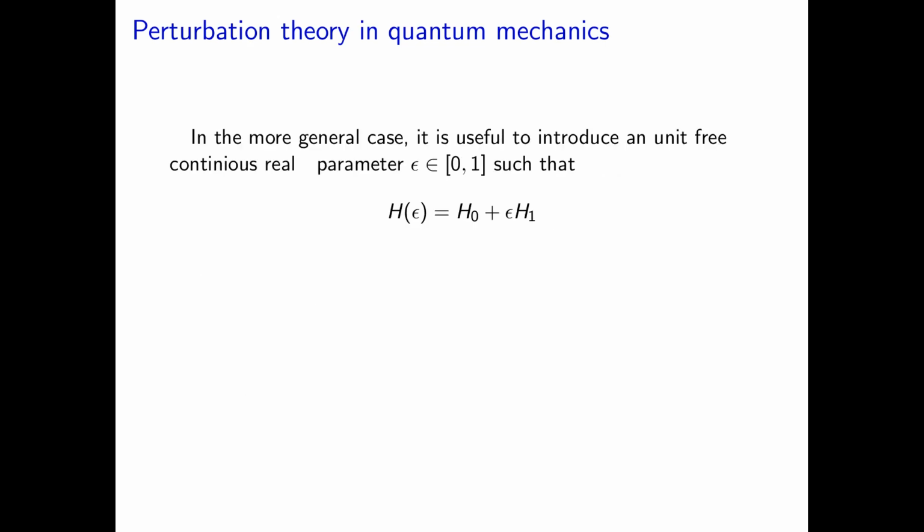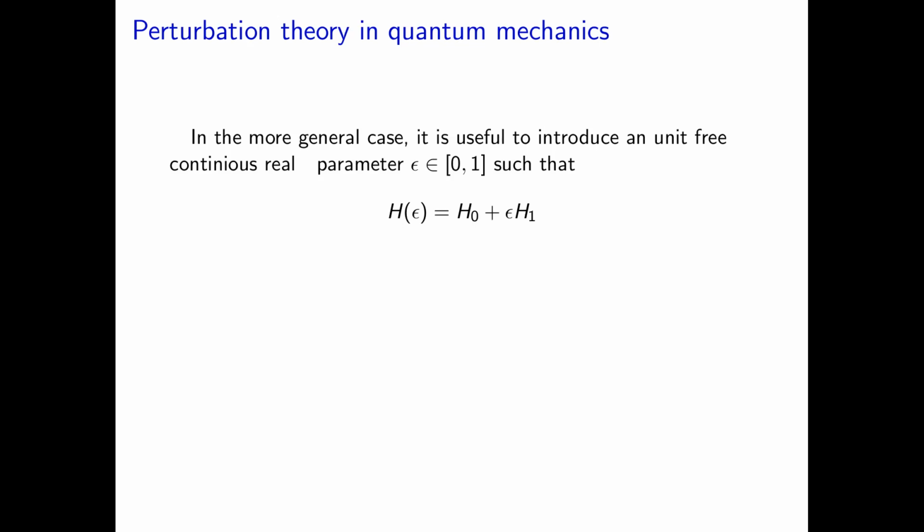So, in order to do that, it is often useful to introduce a unit free continuous real parameter epsilon, which varies between 0 and 1, such that you write H epsilon as H naught plus epsilon H1. Remember that the epsilon does not exist anywhere in the problem.